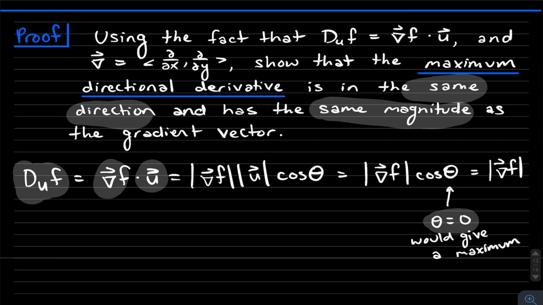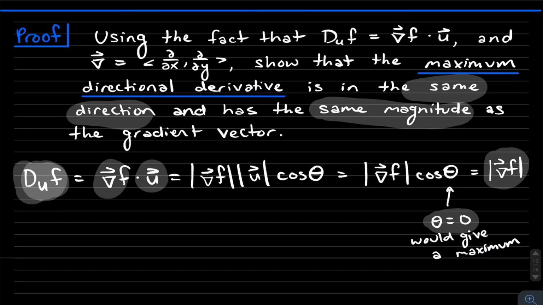And so yeah, this ends up equaling this, right? So the maximum directional derivative is equal to the magnitude of the gradient vector. And so we've shown both things, that the gradient is always pointing in the direction of the steepest slope. Okay, so kind of interesting.